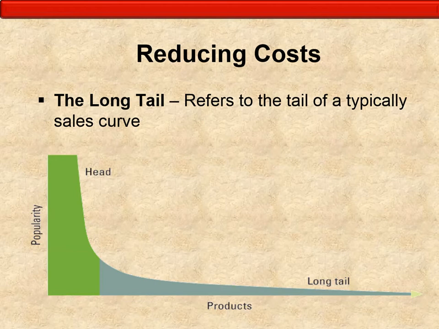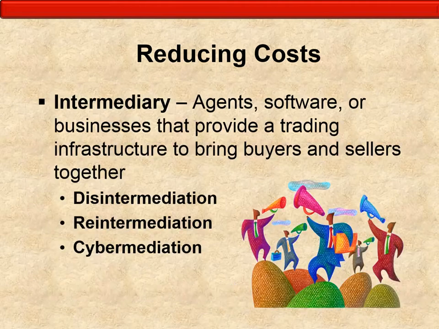At the back end, or the long part of the tail, you may find music from indie bands, things that are not as popular, irregular-sized clothes and shoes, such as you can find at outlet stores, and books on specific topics. Things that are not going to generate as many sales on the back end, and things that are going to generate more sales and revenue on the top at the head.